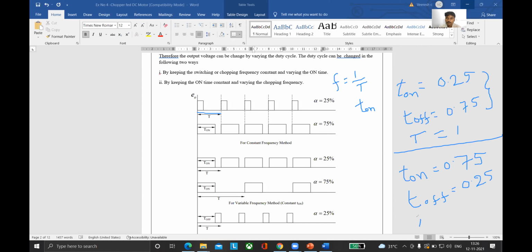So what is the total time? Same or constant? Here also we got 1 and here also we got 1. Is there any change in the total time period in this case?